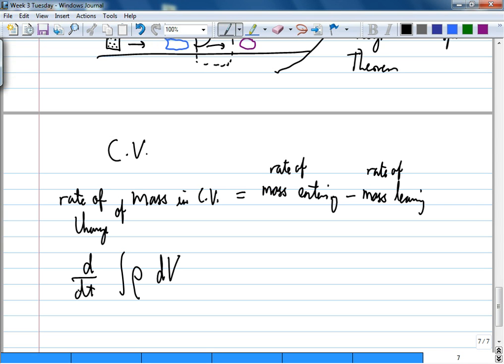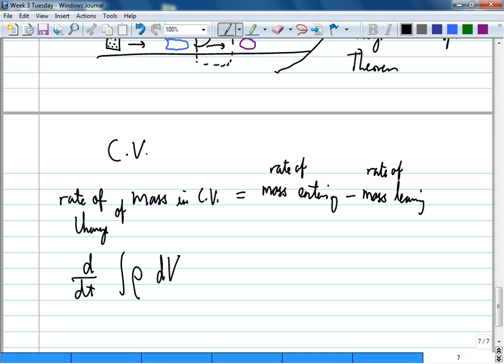Mass is density times volume, correct or not? But in case they're not all the same density, you just integrate. So density times a small volume, and you add up all that volume to get the total volume. I know some of you haven't done maths yet, so it's a bit of a volume integral, but I'll keep it simple.